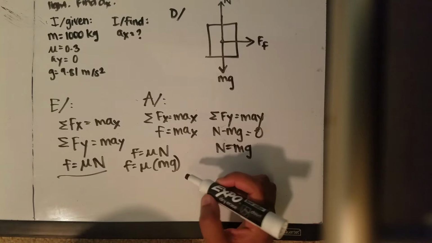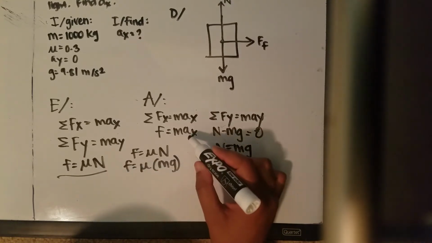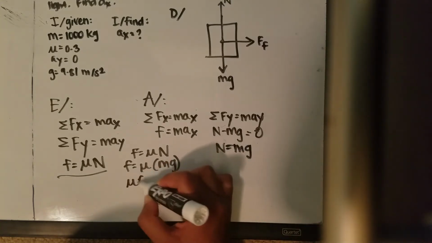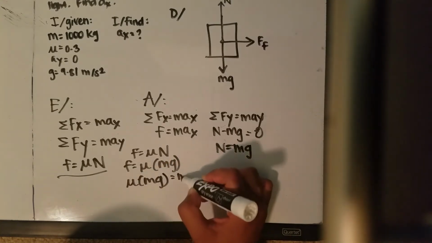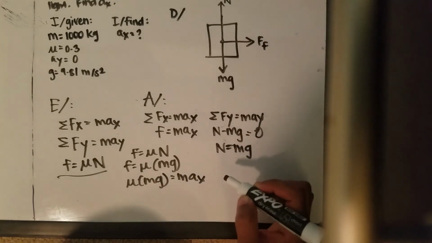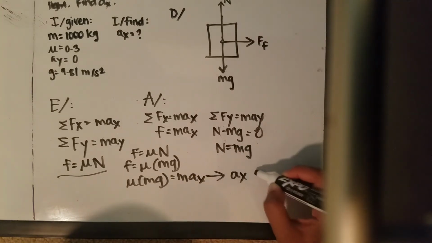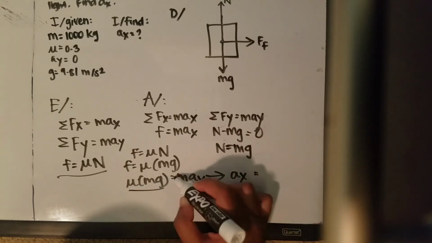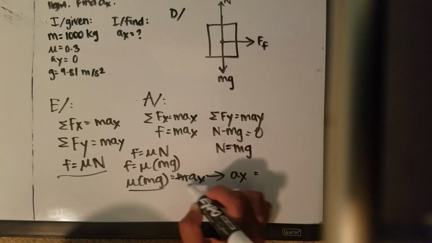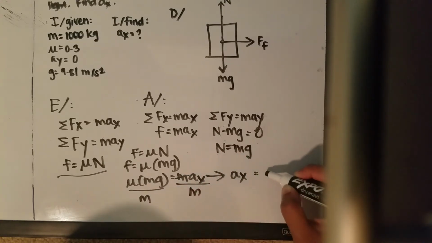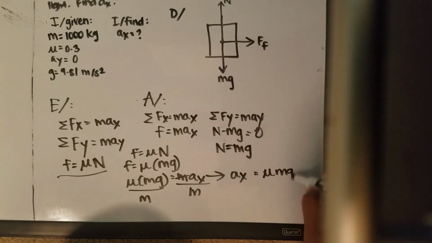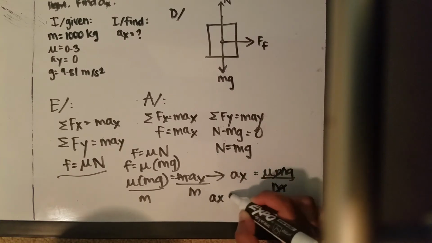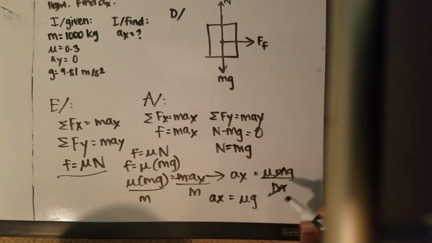And then F is also equal to mass times acceleration in the x, so mu times mg equals mass times a_x. When you divide both sides by m, a_x is equal to mu mg over m, and the masses cancel out. Then you have a_x equals mu times g.